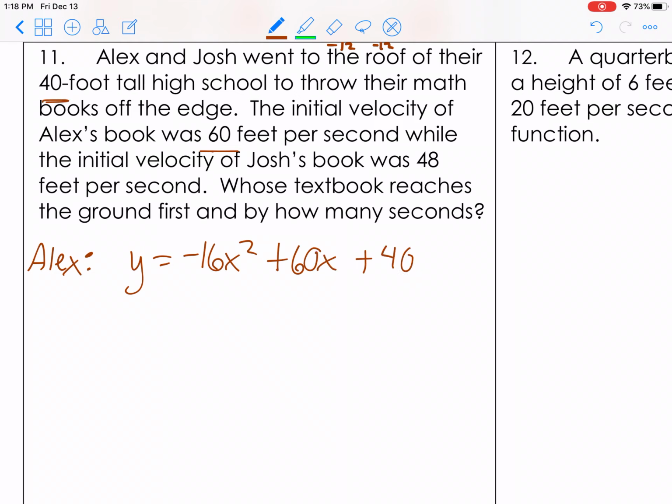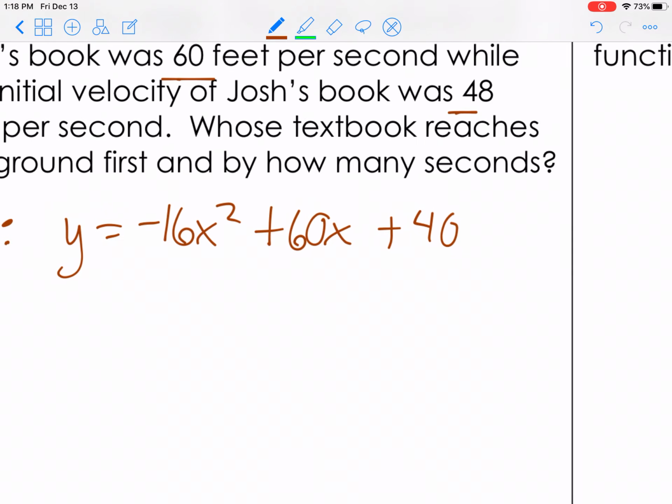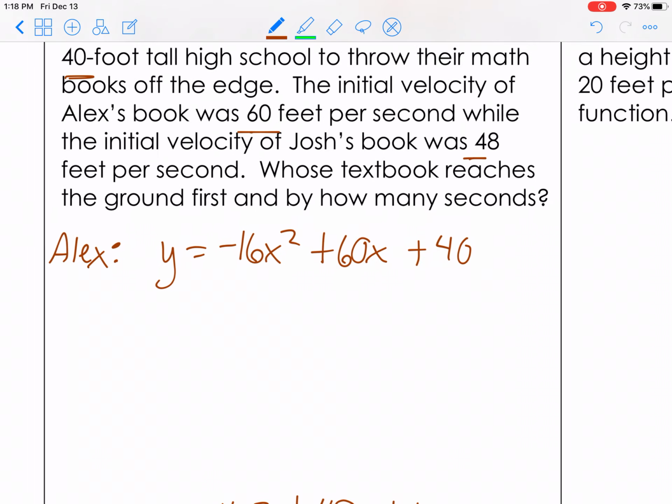Okay, I'll give you the equation on the test. You don't need to worry about coming up with it. And then Josh also threw his textbook off the building. His equation looks like y equals negative 16x squared. His velocity was 48, and he also started at the top of the building, 40 feet up. Whose textbook reaches the ground first and by how many seconds?